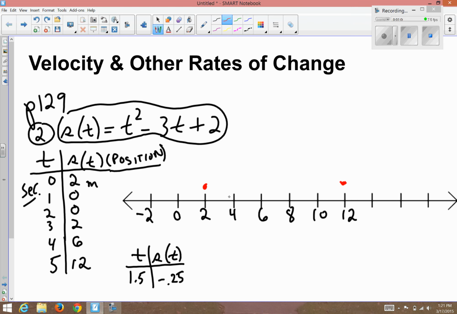So there's a particle that's moving on this line, maybe going back and forth, but at the beginning, its position is at 2 meters, and at the end of 5 seconds, it's at 12 meters on this line that it's moving on. So part A, the word displacement, part A says find the displacement.